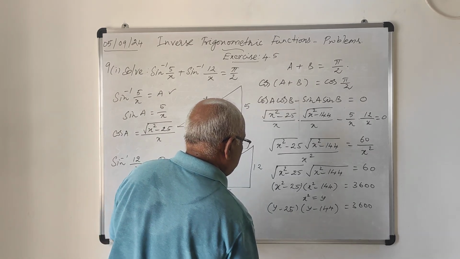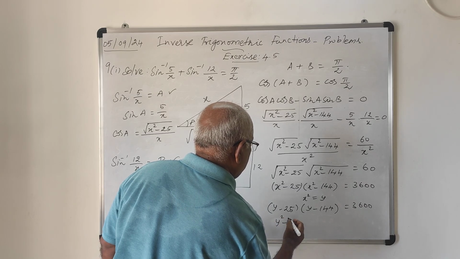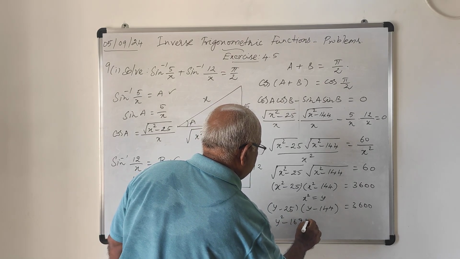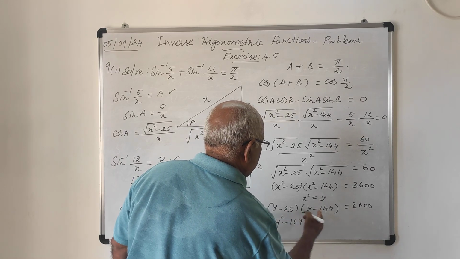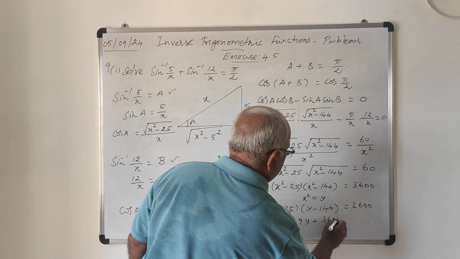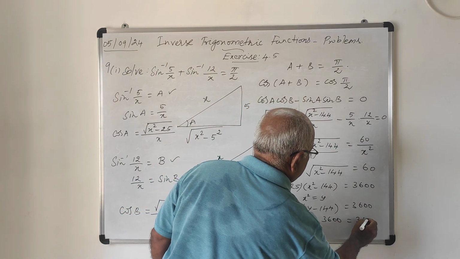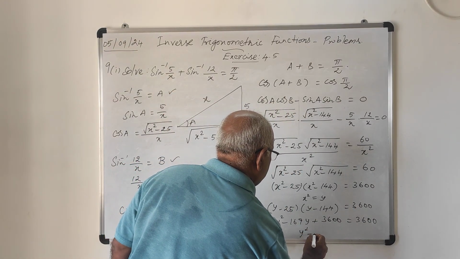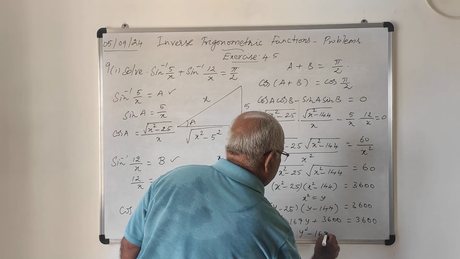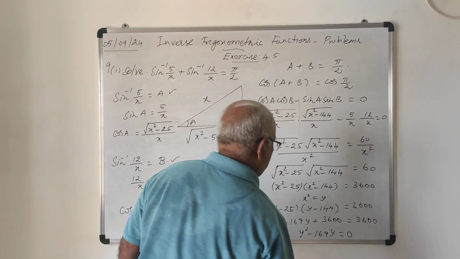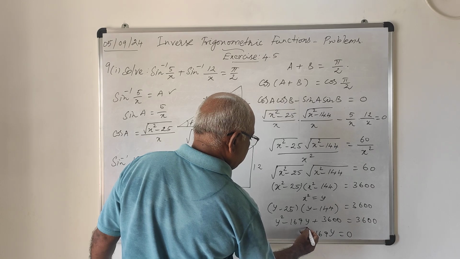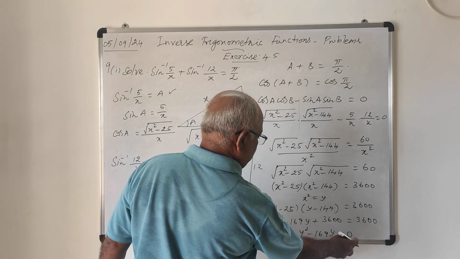Multiplying these two, you will get y square minus 169y plus 25 into 144, which is 3600, equal to the right hand side 3600. They get cancelled, so you will get y square minus 169y equal to 0.